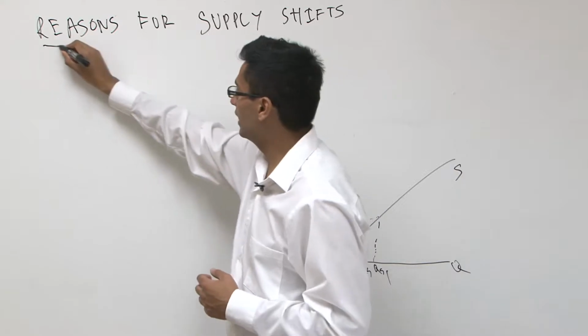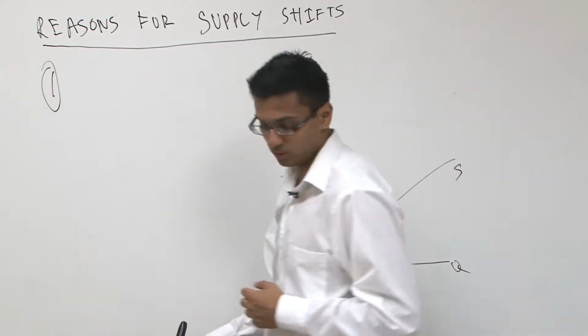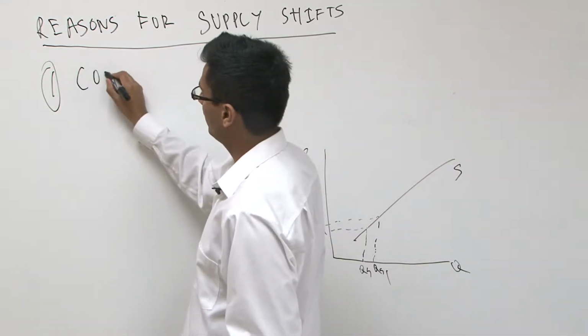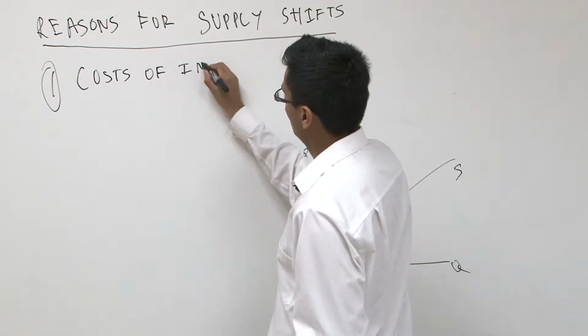And there are a couple of reasons. Let's start off with number one. What's number one? Number one is the cost of inputs. What does that mean?